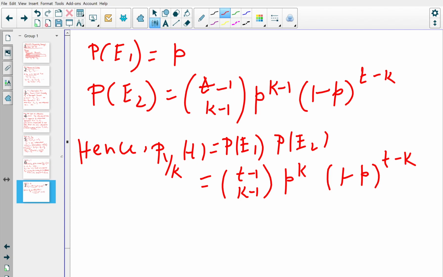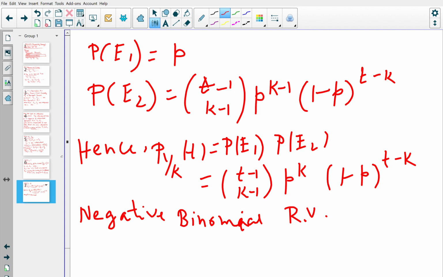Now, we can recognize this PMF. We already learned this before the midterm. This is called the negative binomial distribution, or negative binomial random variable.